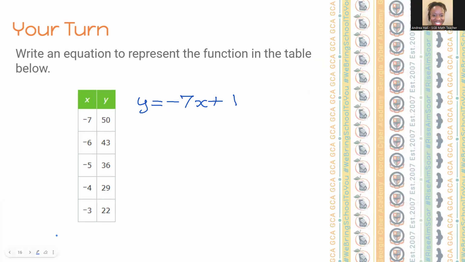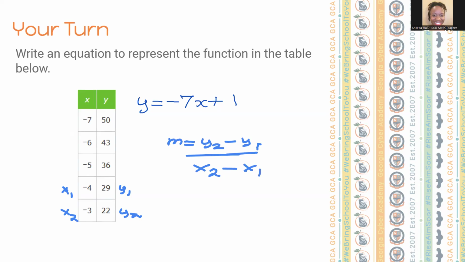All right, we could do it by hand if you want. Again, I want to choose smaller numbers. So x1, y1, x2, y2, right? My slope is y2 minus y1 all over x2 minus x1.